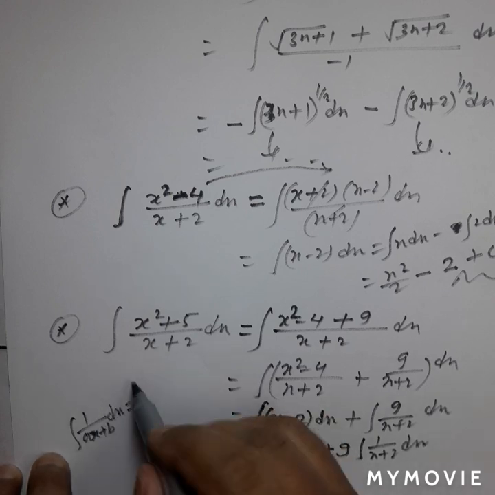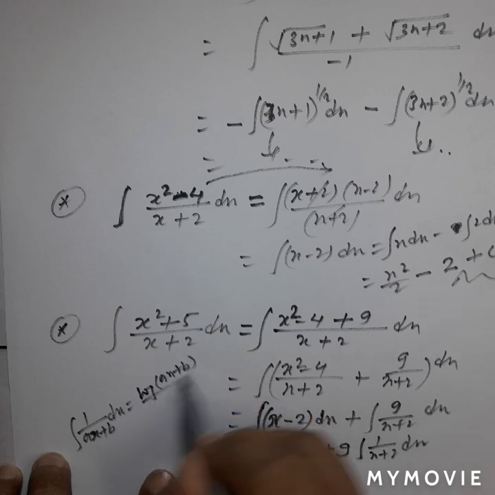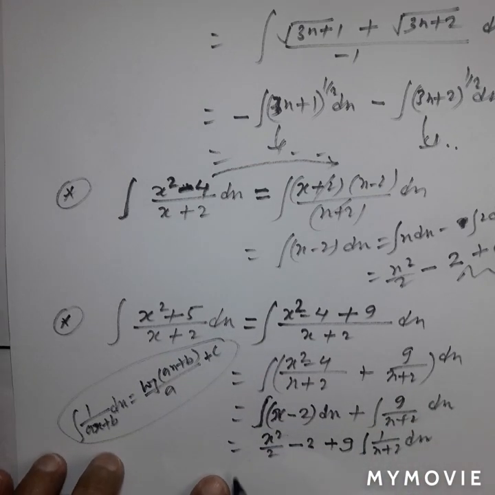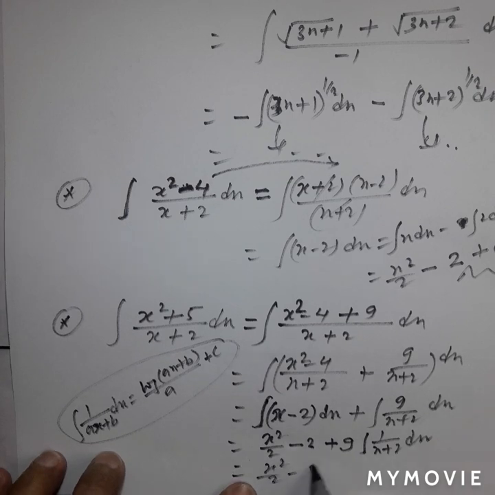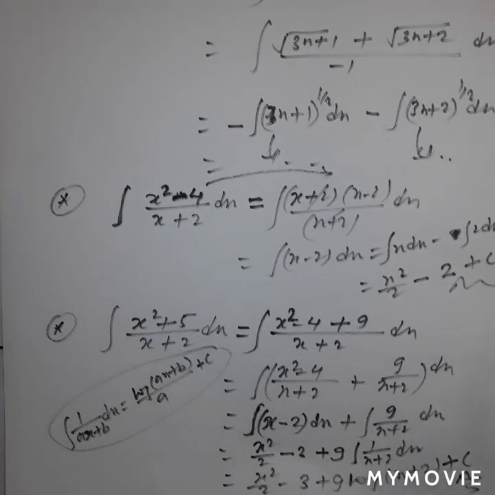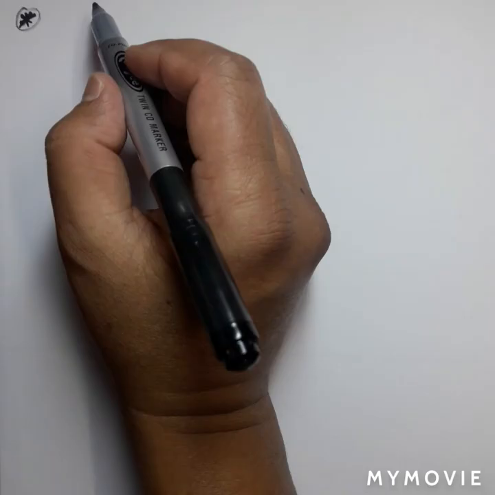What is the formula? This is log(ax plus b) by a plus c. By using this formula we can do this. So it is x square by 2 minus 2x plus 9 log(x plus 2) divided by the coefficient of x. Here the coefficient of x is 1, plus c. This is the answer. So in this way, students, do one more question.